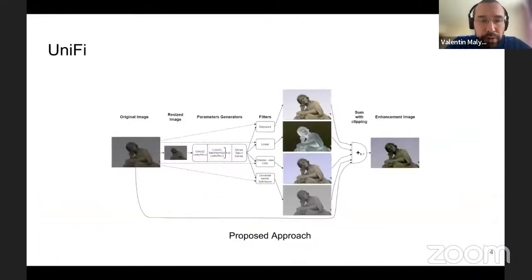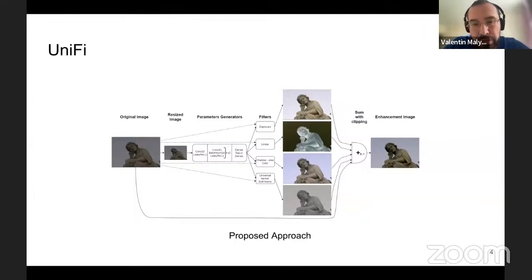So our approach in general looks like this. We have some original image. Here is an image of a statue, and we resize it. We feed this resized image to the parameter generation module, and this module will produce the parameters for the predefined filters, which are shown here: exposure, linear filter, channel-wise color filter, and the universal kernel soft sharp filter.